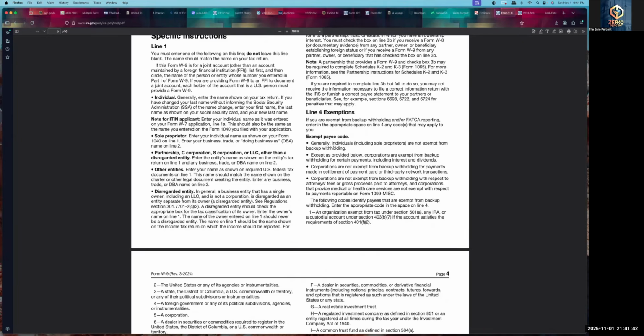Exempt payee codes. Generally, individuals are not exempt from backup withholding. So I think that's why they want to persuade you to go over to a W-4 if you are an individual sole proprietor.